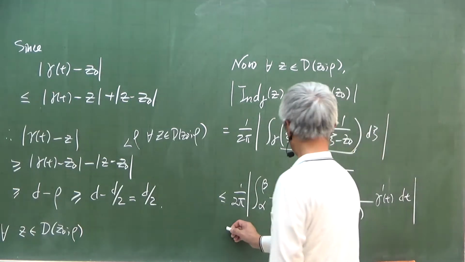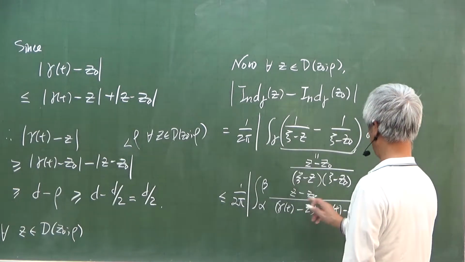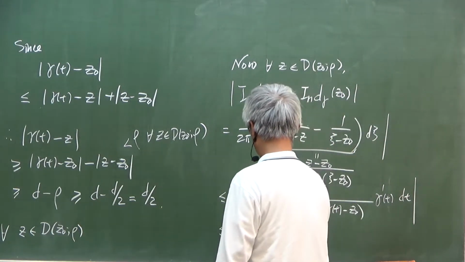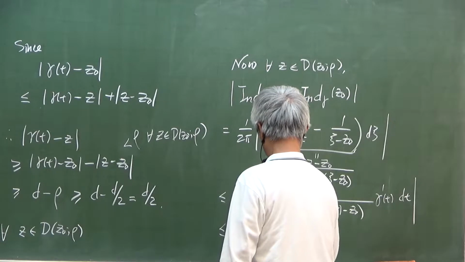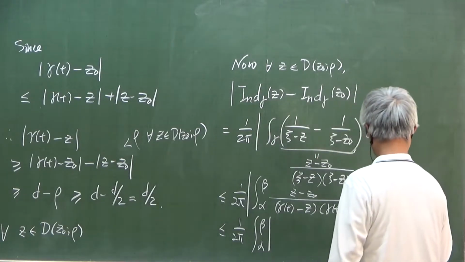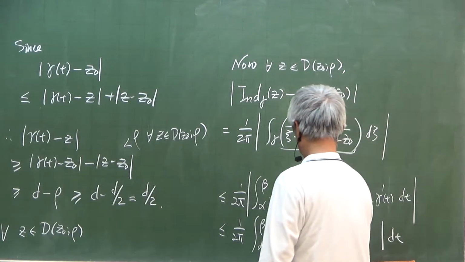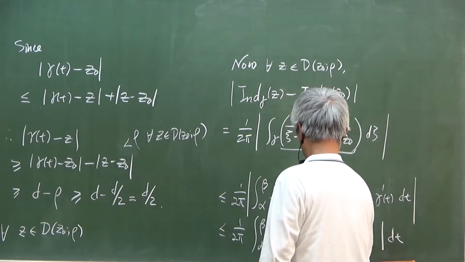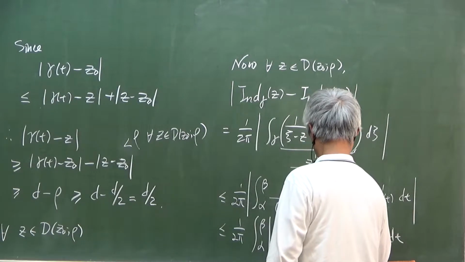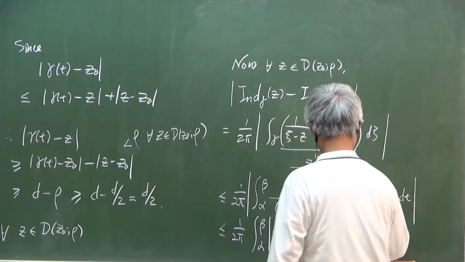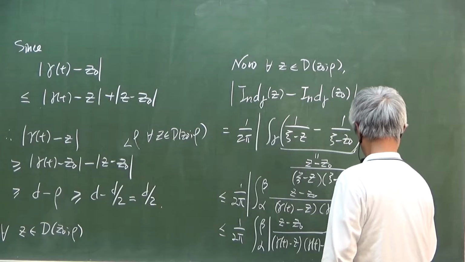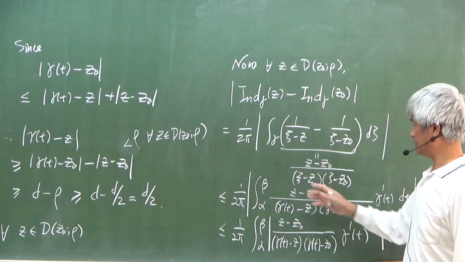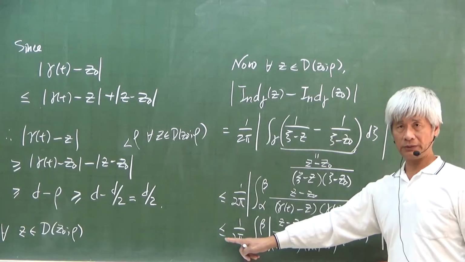All right, and now this is constant, right? It's independent of t, so basically we know that. So when we move the absolute value sign into the integrand, we have an inequality.